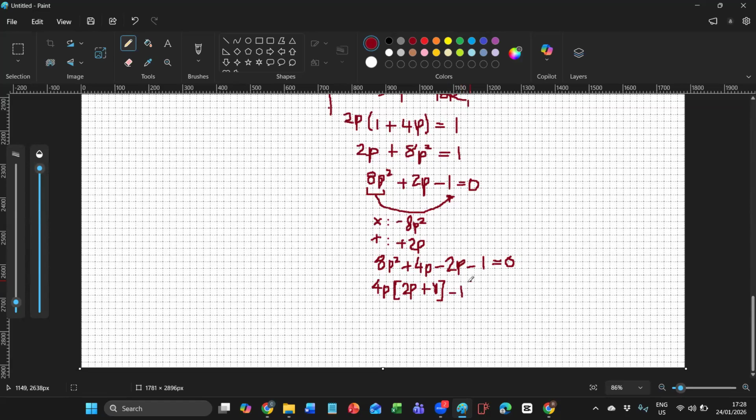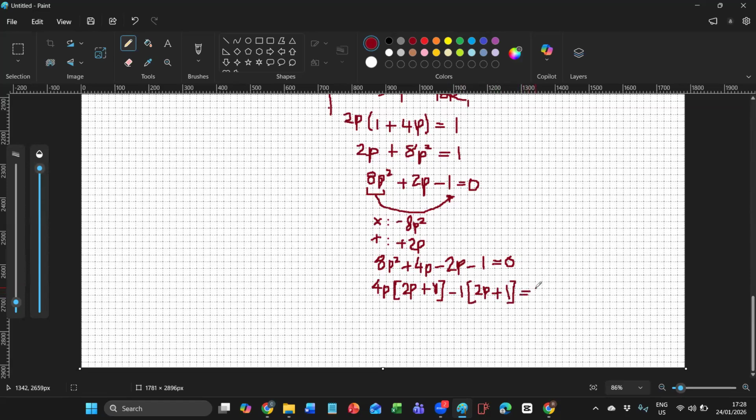You agree with me, right? So that's going to leave us with 2p plus 1, because of the minus sign. All right, so this is equal to 0.